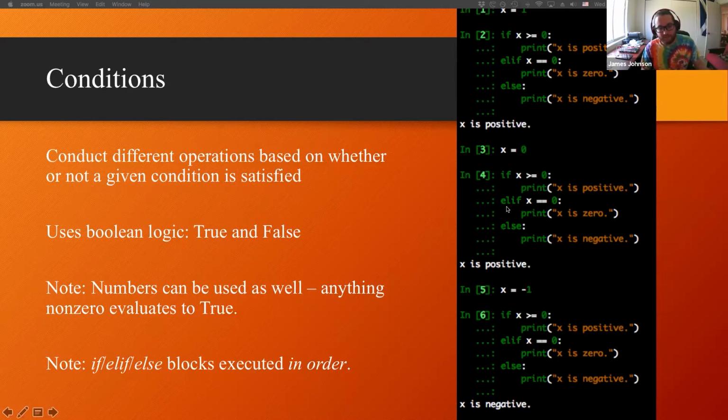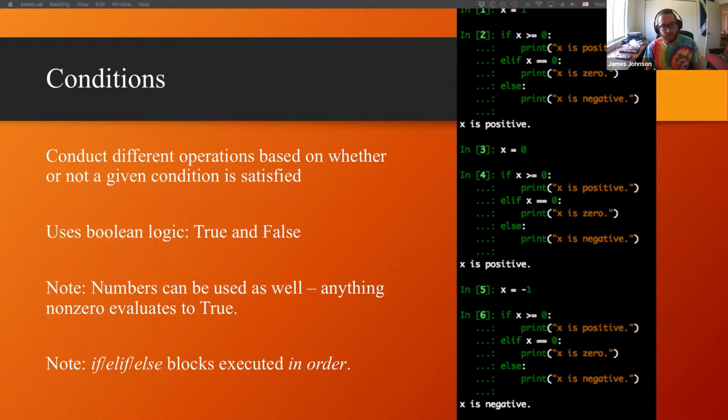This second block says elif x equals 0. That would evaluate to true, but this first block already evaluated to true, and it executed this first print statement. And because only one of these will ever run, it then just exits the if-else block entirely and skips this condition. So if you are less experienced with conditions, that is one thing to keep in mind: only one of these is going to go.